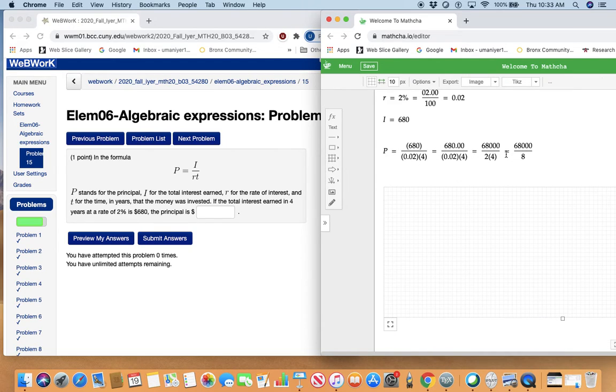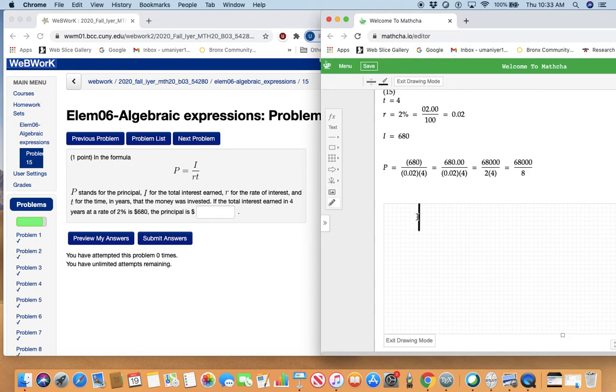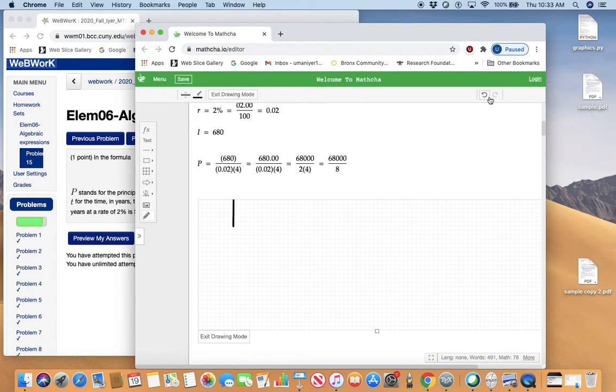Now we can use, let's do this by long division. I have to divide numerator 68,000 by 8. Okay, so 8 does not go in 6, but 8 goes in 68. 8 times 8 is 64.